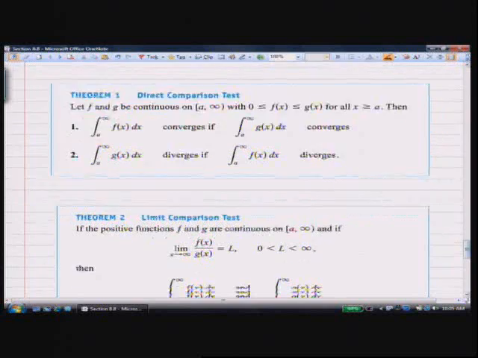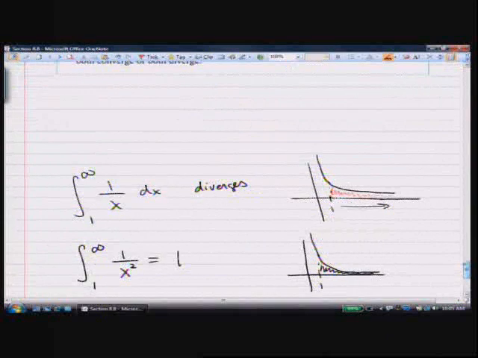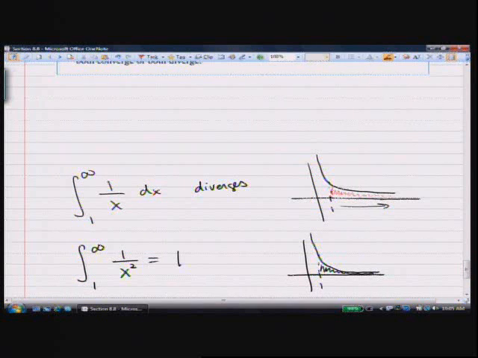Okay, so it's kind of like on this: if you know that 1 over x squared converges, then 1 over x cubed, which will always be smaller than 1 over x squared from 1 to infinity, must also converge.